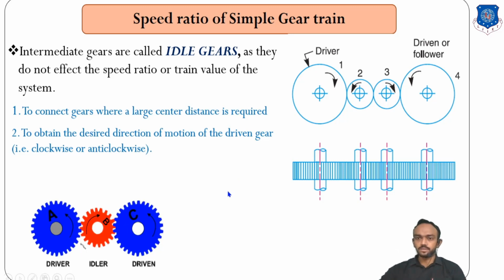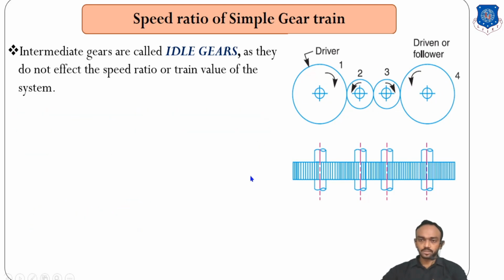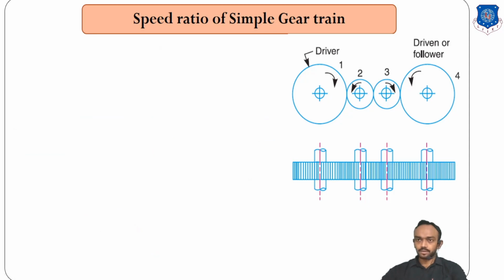Okay, you have seen the simple gear train and how it transmits motion. There is a gear ratio, known as N1 upon N4 for this particular system. N1 upon N4 is equal to T4 upon T1. But there are some limitations. Let me give you an example.